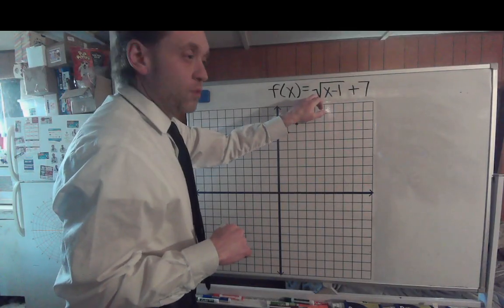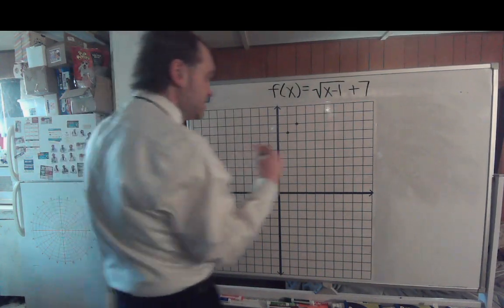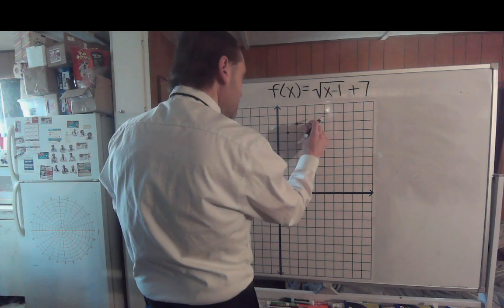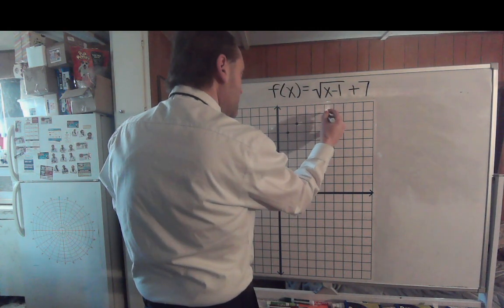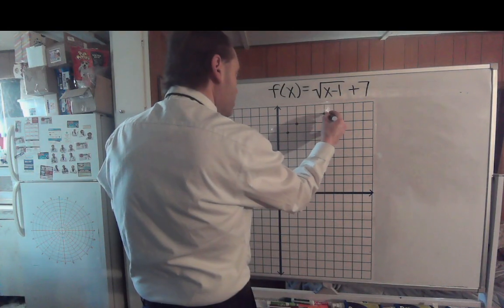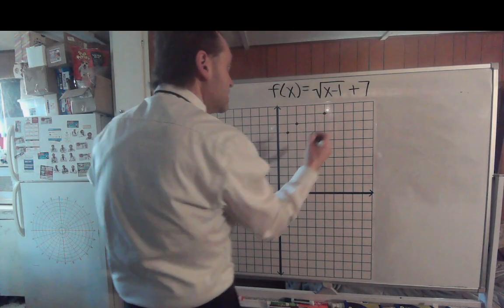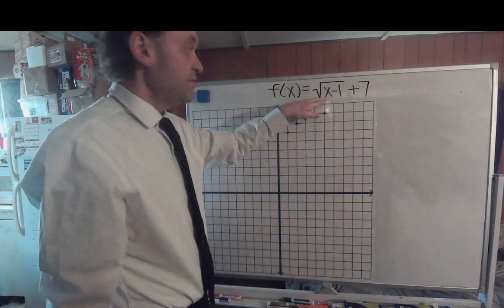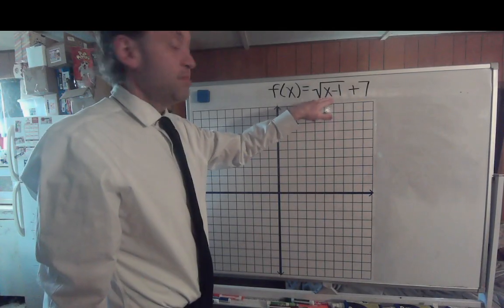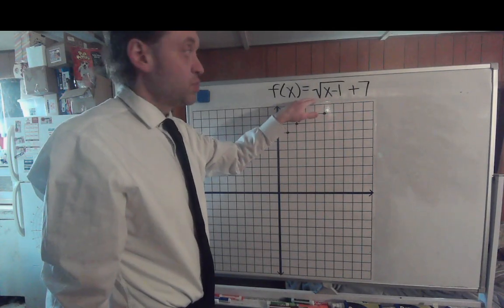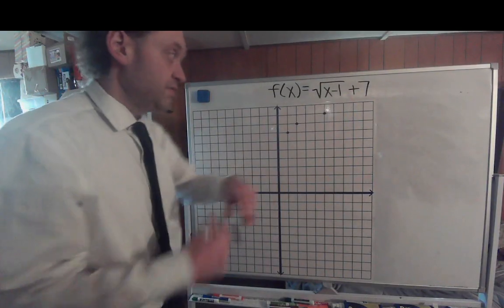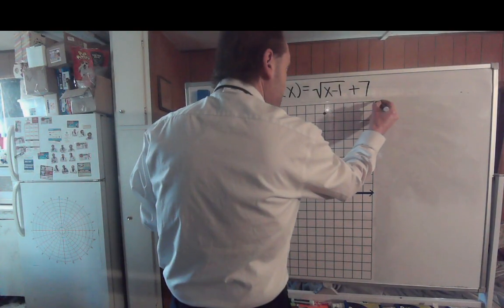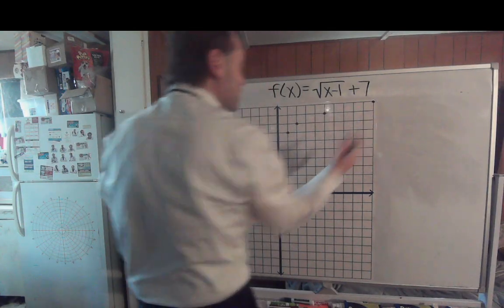So square root of 4 is 2 plus 7 is 9. So you would be at the point 5, 9. And then if I have 10 for x, well, 10 minus 1 is 9. Square root of 9 is 3, plus 7 is 10. So I'd be all the way up to 10, 10, right there.